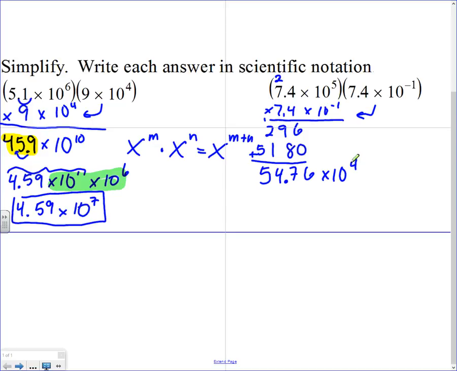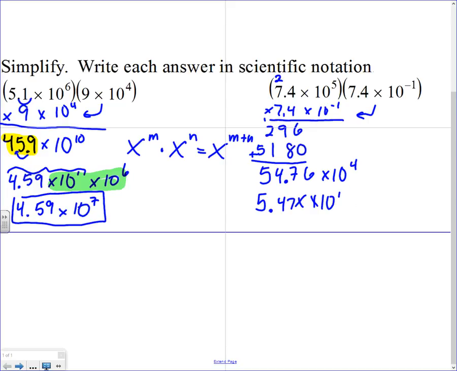And we have the same problem as before. The number needs to be between 1 and 10. So if I want it to be between 1 and 10, it'll be 5.476 times 10. If you want this number to become like the original one, you should move it 1 place to the right.